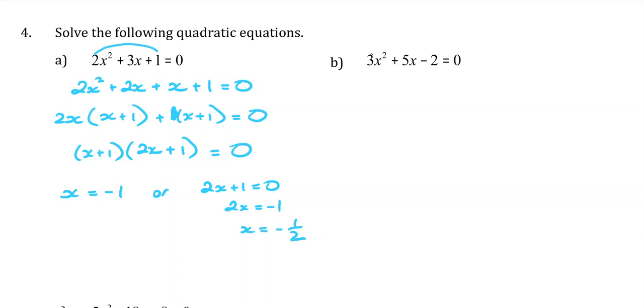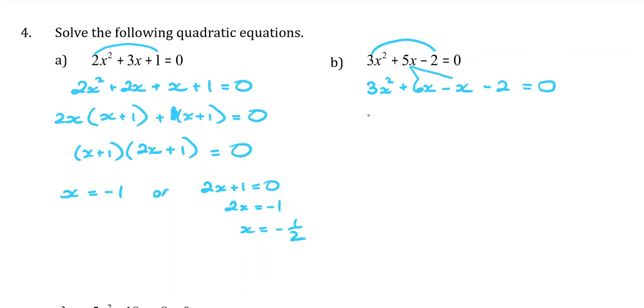Part B, times the 3 with the minus 2, which is negative 6. We are looking for two numbers that times to give negative 6, but add to give 5. And the answer would be a positive 6 and a negative 1. So we want a plus 6x and a negative x. That's splitting this middle term into those two. And then I can factorise in pairs.